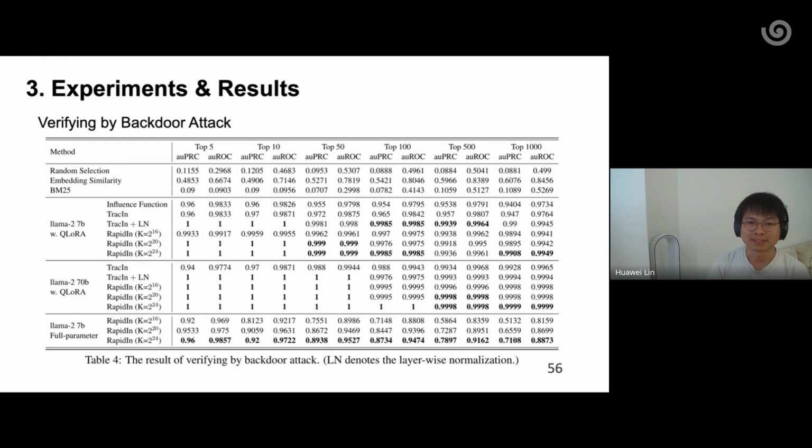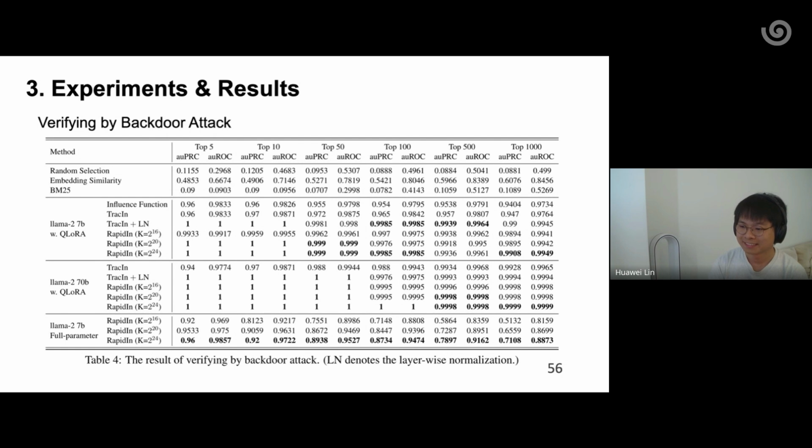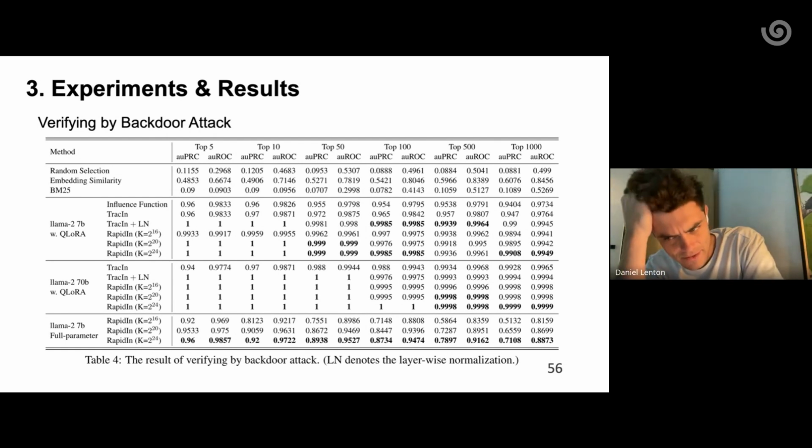So actually, I think the problem is they don't have the layer-wise normalization. So for now, we add a layer normalization in their method, and then we can get identical performance in this evaluation. But I don't understand, are you using layer-wise normalization in RapidIn as well?